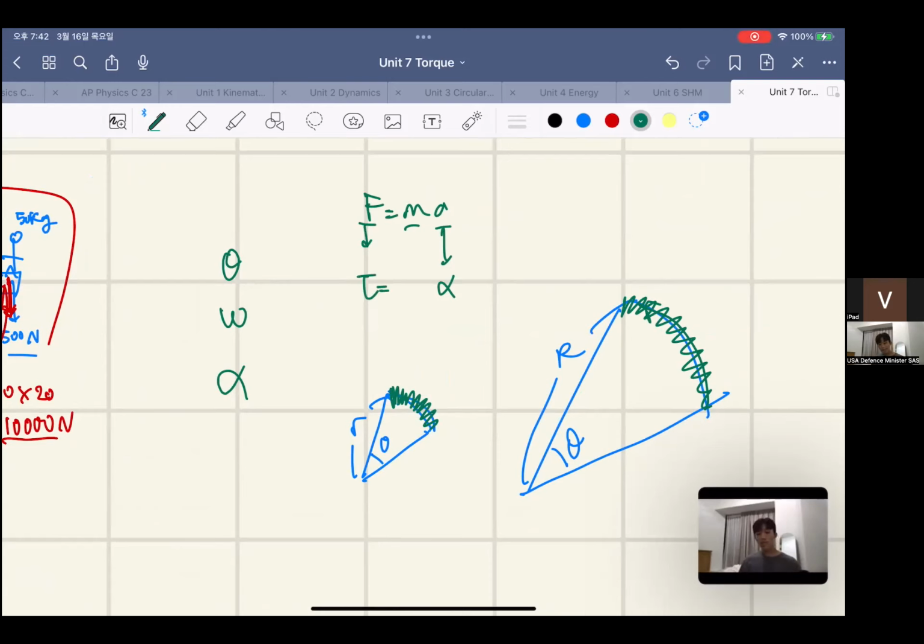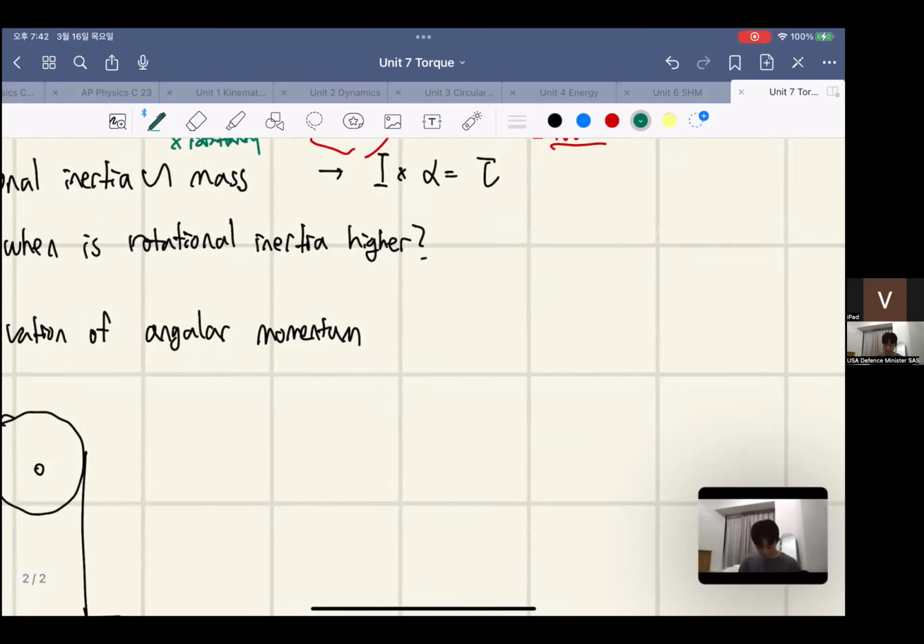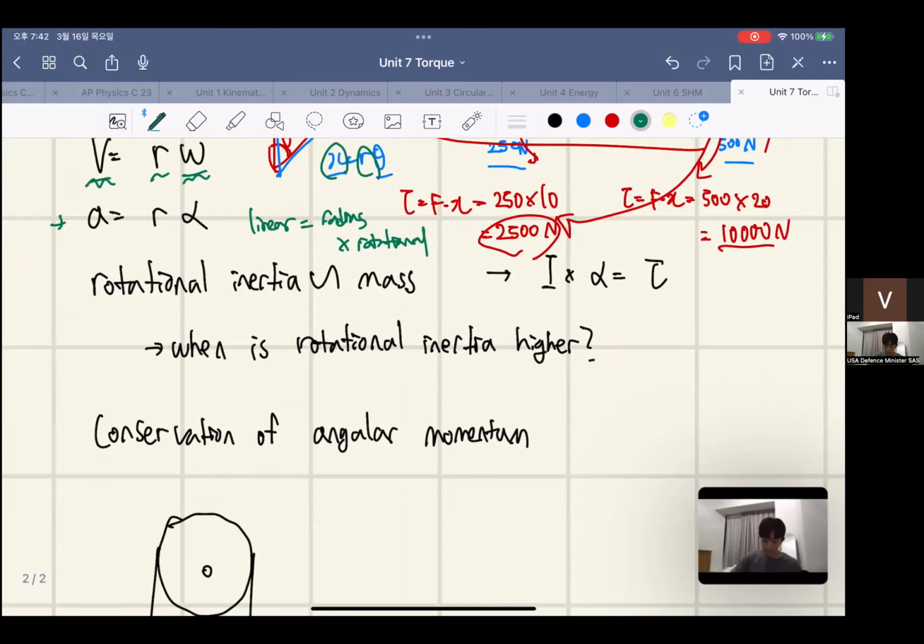Then what is m? Well, m in the rotational or angular world is called I, or we also call it the rotational inertia. Rotational inertia. You can see this sign. Rotational inertia and mass are similar. They are similar concepts.